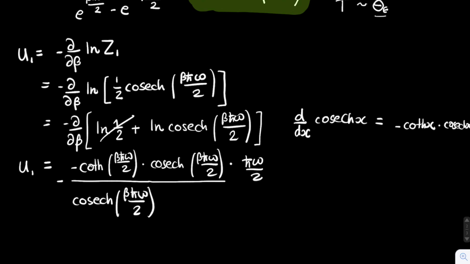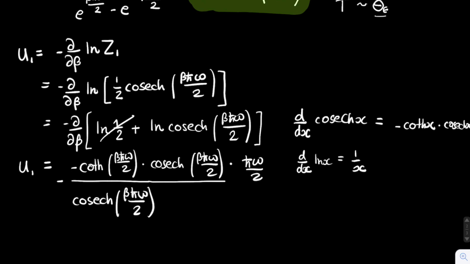I can definitely appreciate that. But basically what I've done is I've used the differentiation with respect to x of log x, which is equal to 1 over x, and the derivative with respect to x of cosec x, which you're not expected to know, and just simply differentiated this function with respect to beta.